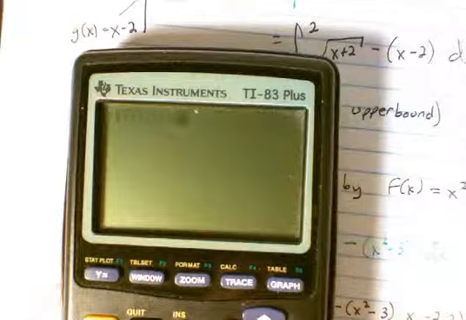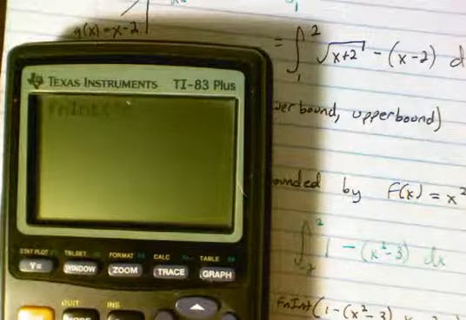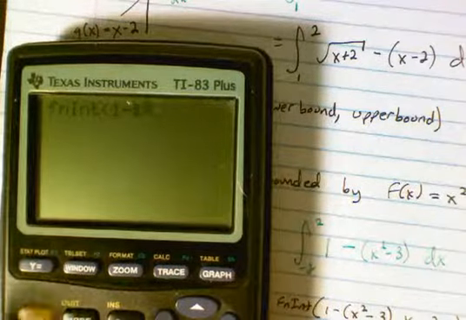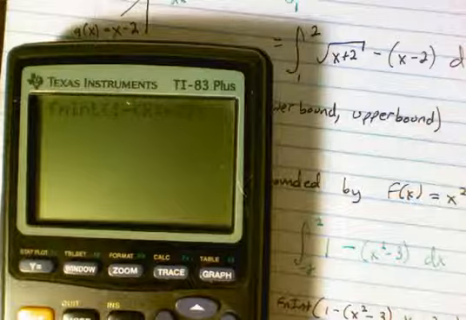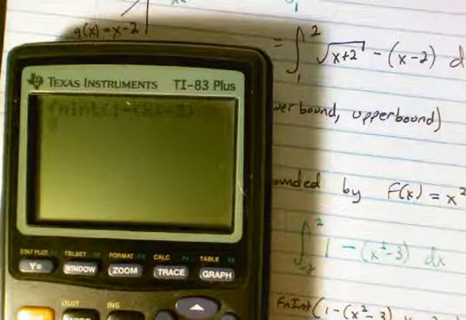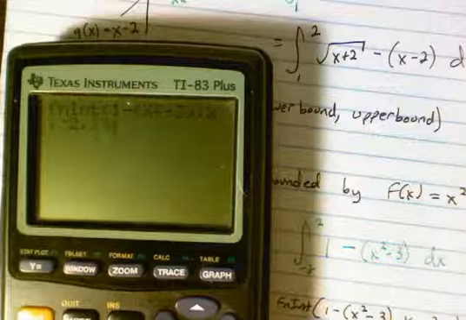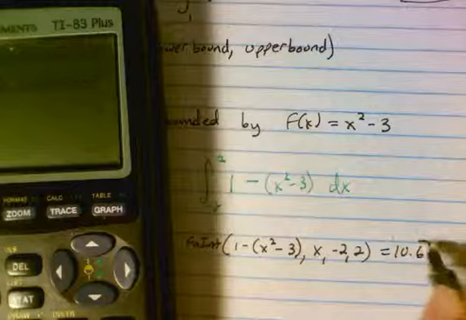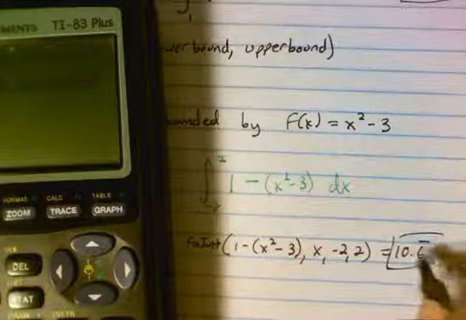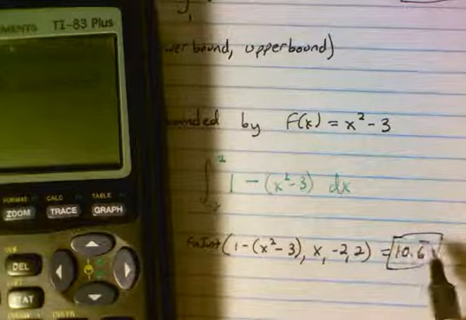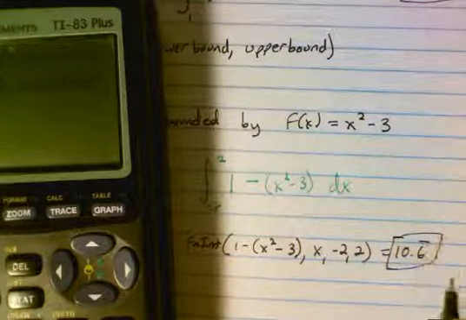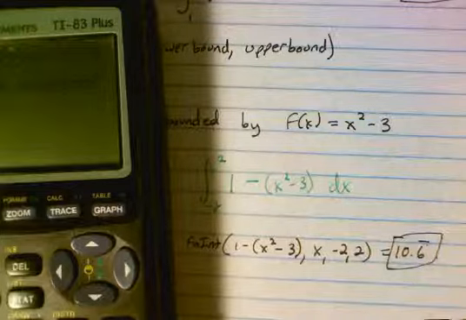Math, that's math 9. 1 minus, parentheses, x squared minus 3, comma x, comma negative 2, comma 2, and there's our answer. The little bar over it means repeating. That gives it an exact answer. I don't have to write out all the decimals because they're already contained in that bar.